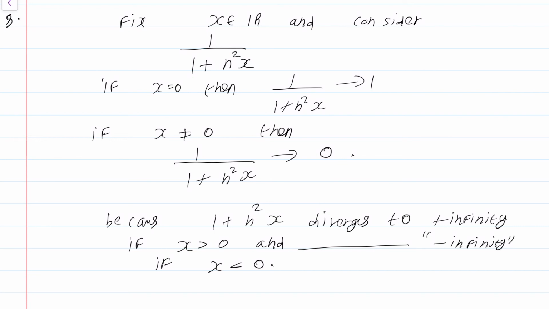Because of this, we immediately get that 1/(1 + n^2 x) must converge to 0 if x is any number other than 0. Okay? So this is one set of examples. In the next module, we will see some more examples that involve polynomials and exponentials together. This is a course on real analysis. You have just seen the module on examples of convergent and divergent sequences.